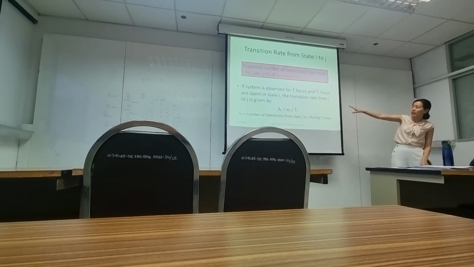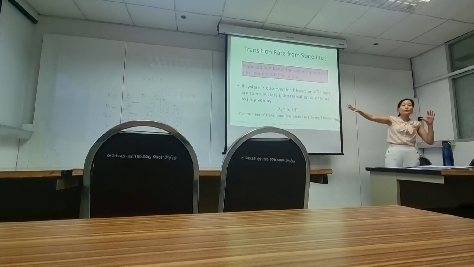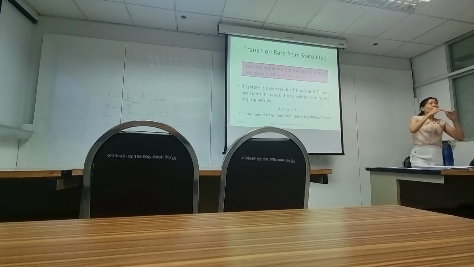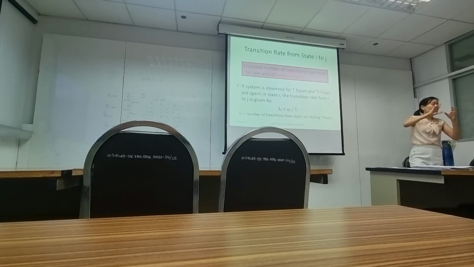The transition rate is nothing but how you observe the system through time. When you observe the system through time, you classify your system into different states, and then you observe how the system moves from one state to another. You move back, move up, move down, whatever, and then use that information to construct the transition rates between states.